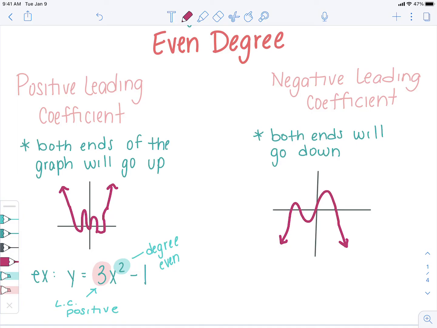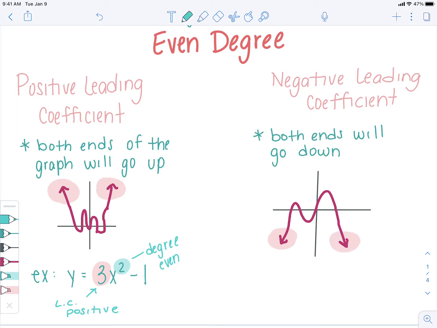So it's not going to be an entirely even function. It's not going to be completely symmetric over the y-axis. It might be, but it doesn't have to be. We're just looking at if the degree is even and the positive or negative leading coefficients to decide what the ends of the graph are doing. So we're only concerned with what's happening here, what's happening here, here, and here.